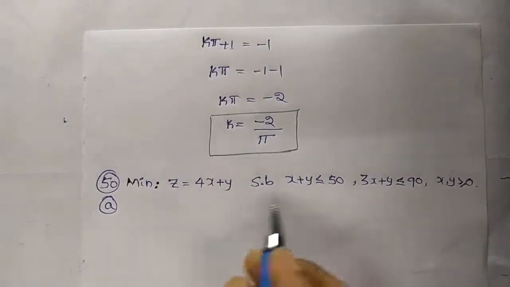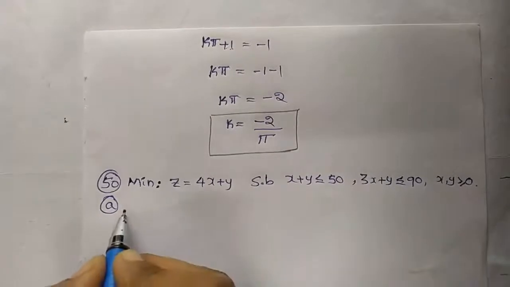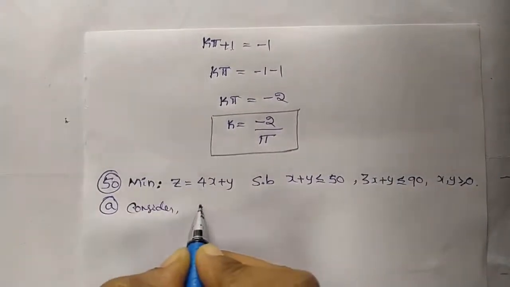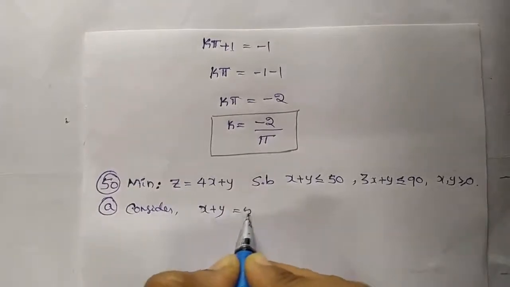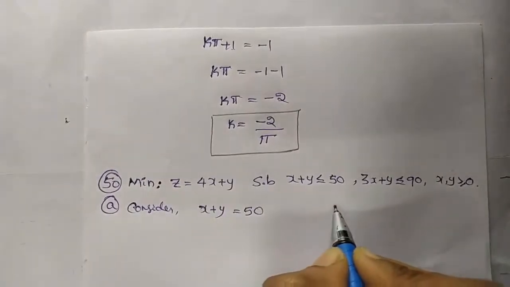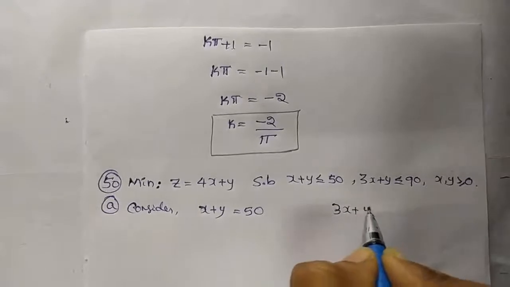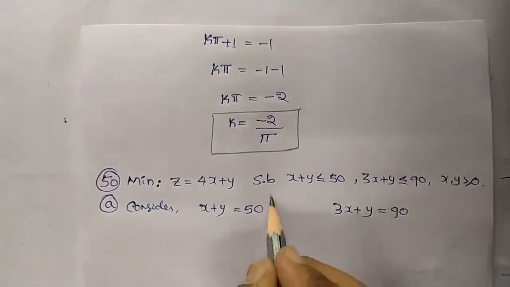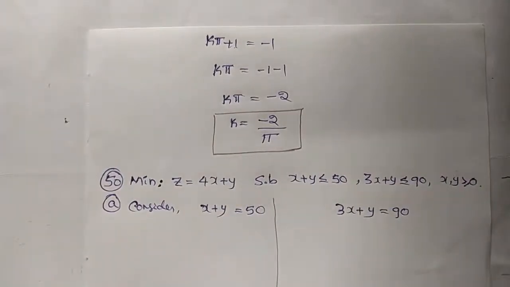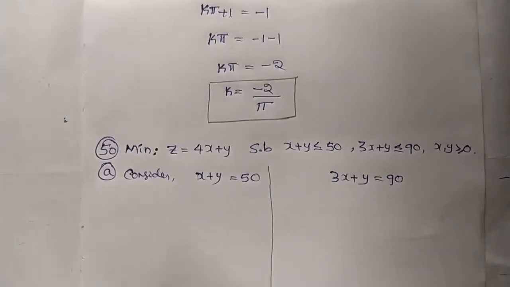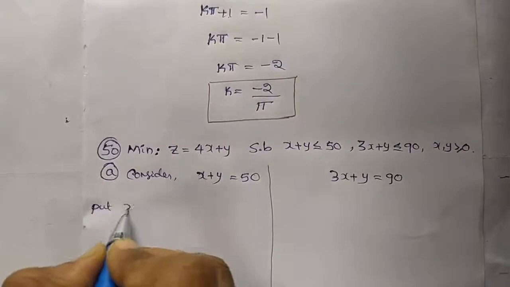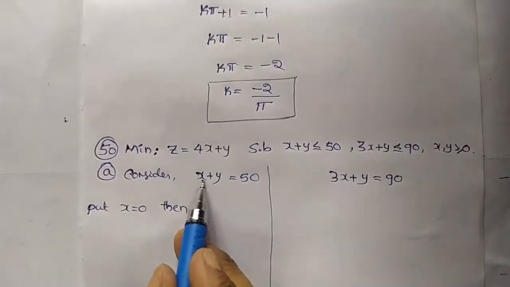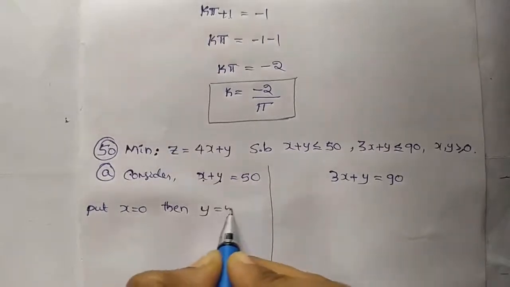We know that whatever constraints are given, we have to consider them as equations. Let us consider x plus y equals 50 and 3x plus y equals 90. Let us find the points A, B, C and D. Put x equals 0, then y equals 50.